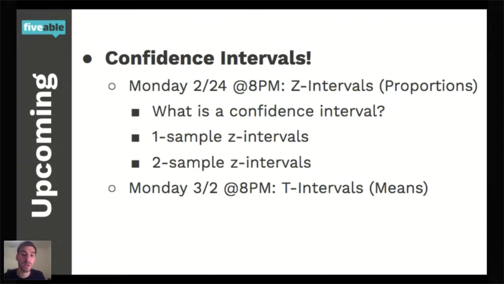So next week, we'll meet confidence intervals. We'll define what a confidence interval is and do a couple of just basic introduction things, but then really dive into building out some 1 and 2 sample Z intervals for population proportions or difference of population proportions. And then the week after that, get into the same thing with T intervals, which are for means.